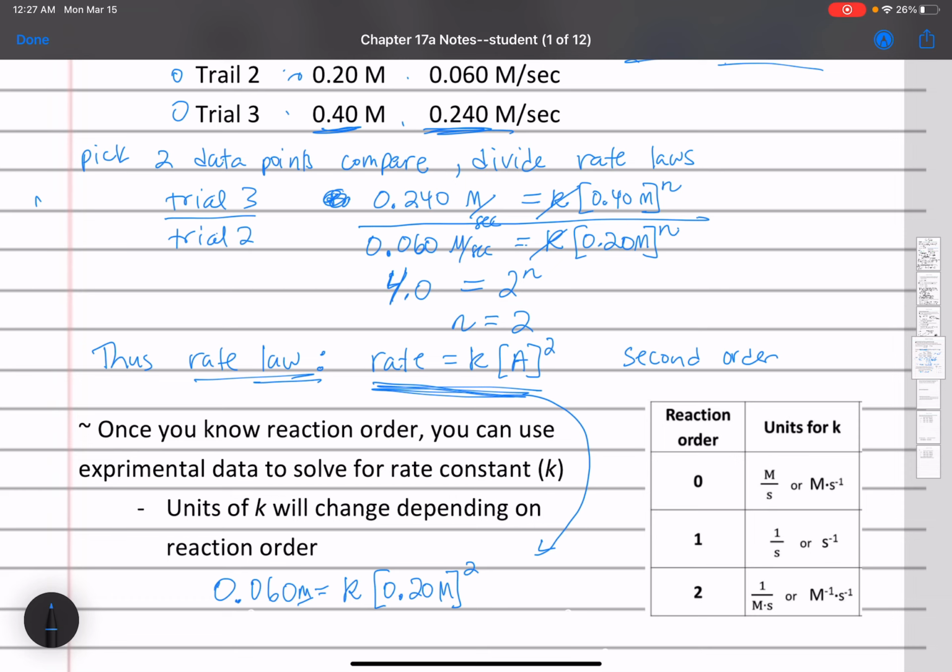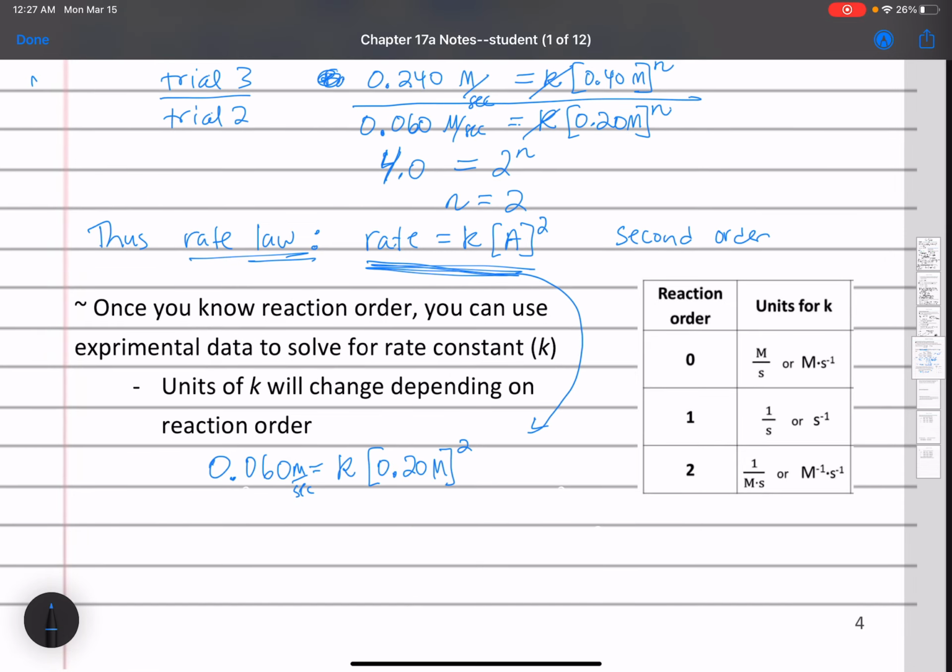I should keep my units here, so that's molarity per second. I'm going to divide both sides by 0.20 molar squared so that I can solve for K.